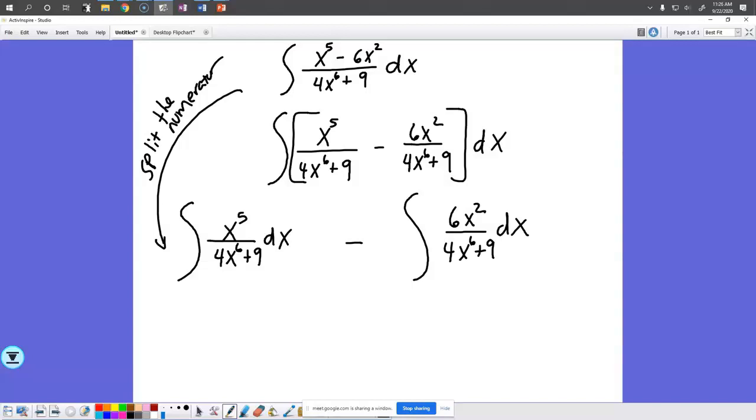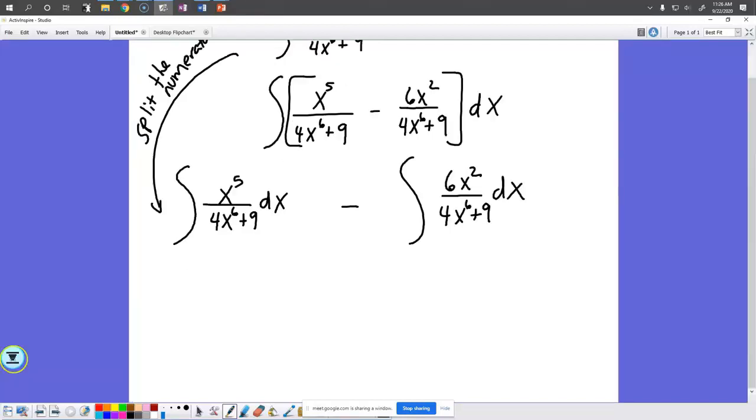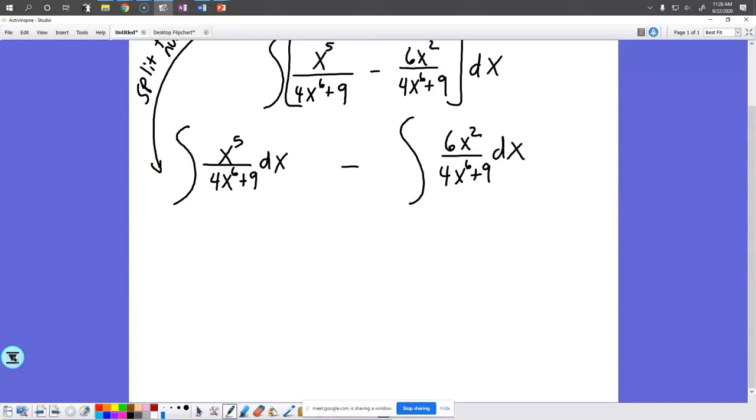So now, for this first one here, how would I integrate this one here on the right? What would I do? Well, we're going to talk more about this on, I think, lesson 2.13. But for now, what I want you guys to notice is look at this power here. See how this power is one less than that power? When that happens, that's a pretty good indicator that you're going to do u substitution, where you make the bottom equal to the u.